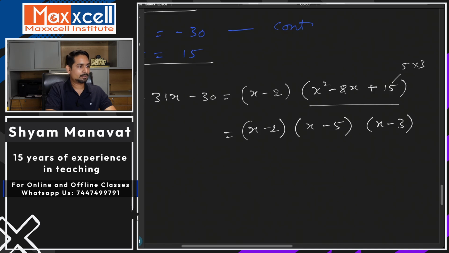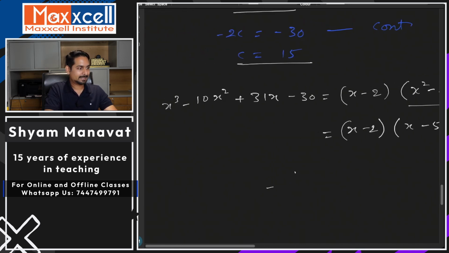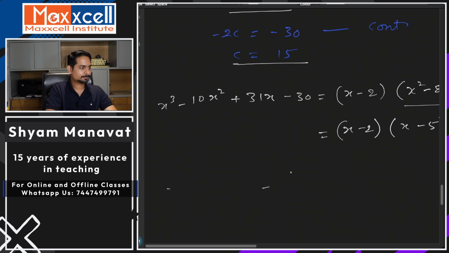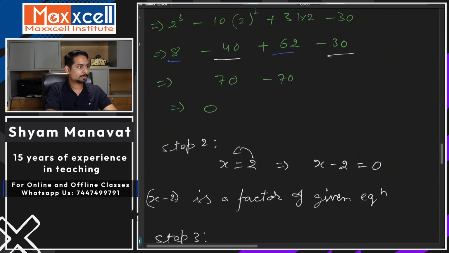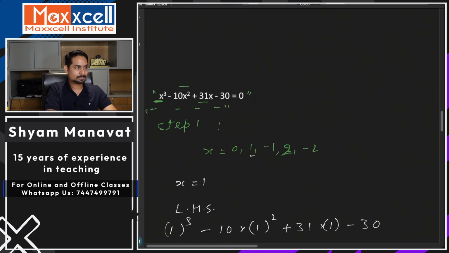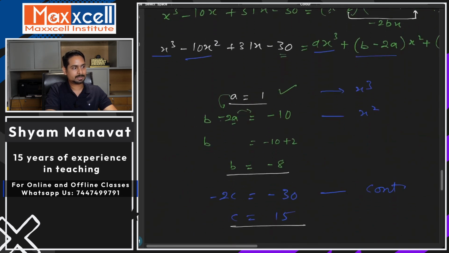Okay. Now, the moment you get factors, you can say the roots are what? This expression was given to be 0. That means this should also be equal to 0. Remember the question. The other side should also be equal to 0.